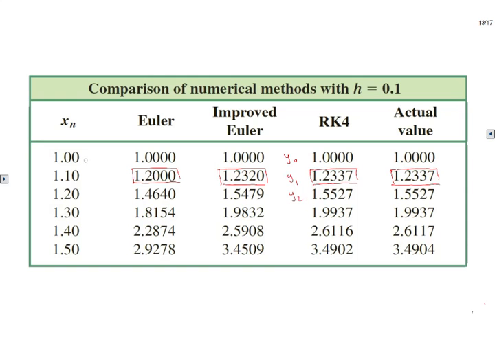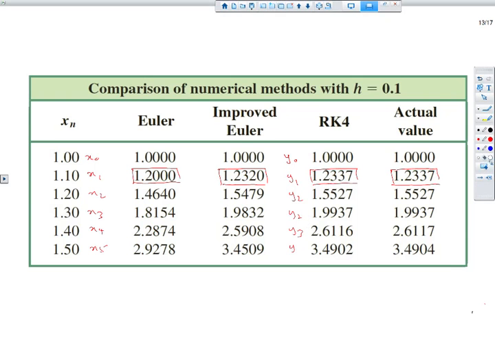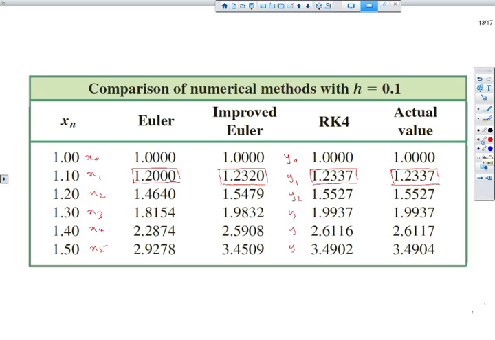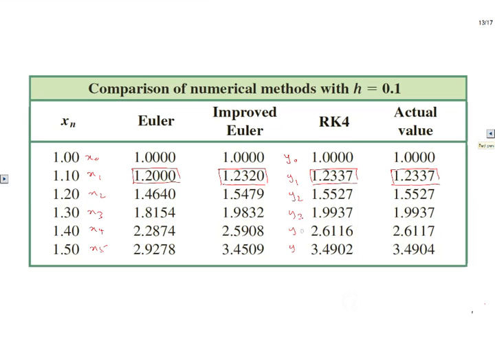So this is the x0 value, then x1, x2, x3, x4 and x5, and similarly the corresponding values y0, y1, y2, y3, y4, and then you have y5.